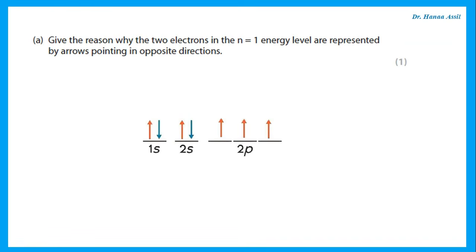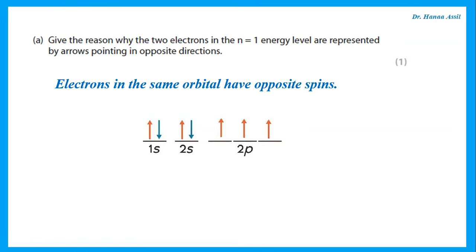When we draw this, why do we represent the 2 electrons in the 1s with arrows in opposite directions? Of course, this is because if electrons are in the same orbital, they must have opposite spins. So having the arrows up and down indicates that the electrons have opposite spins.